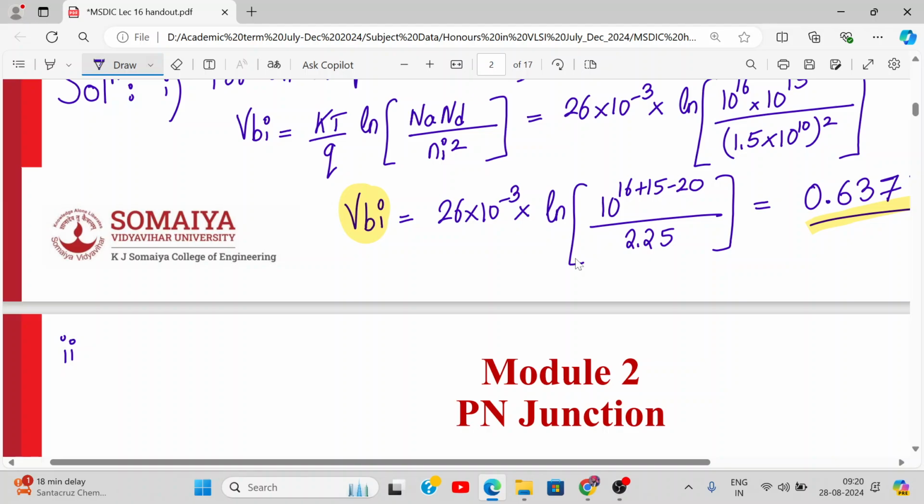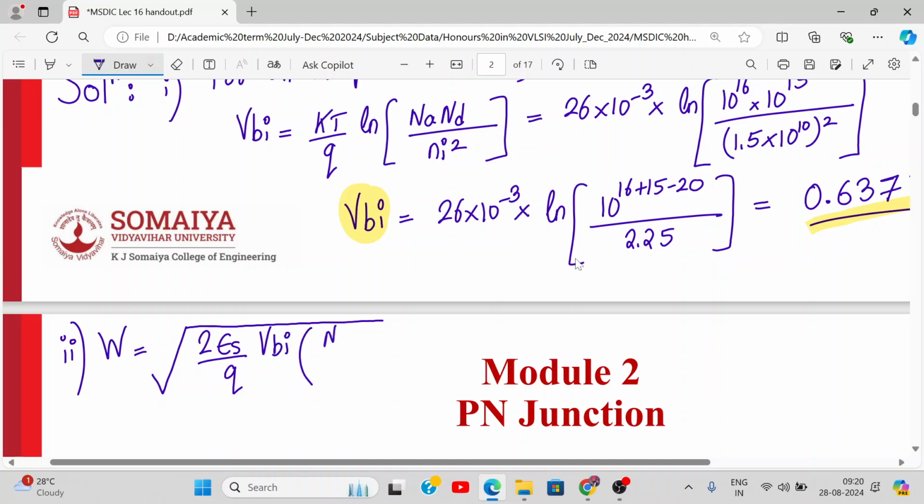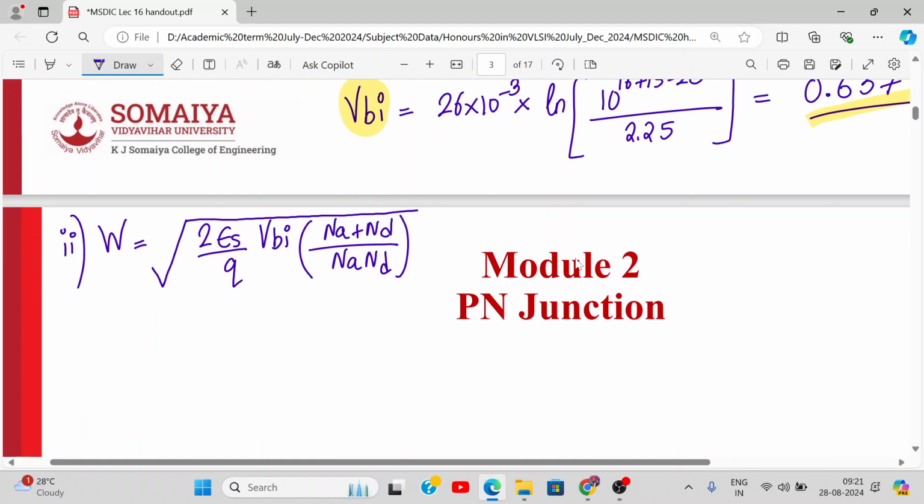Next, I'll write a formula for space charge width W. W is given by under root of twice epsilon s upon q into VBI multiplied by Na plus Nd upon Na Nd. So in the first step, you got the value of VBI.